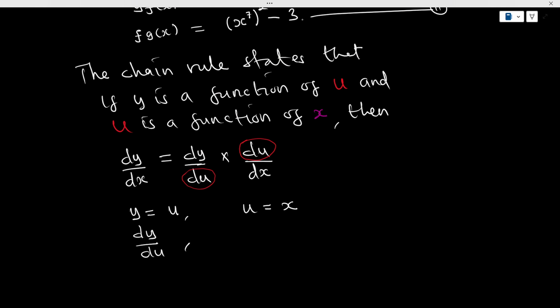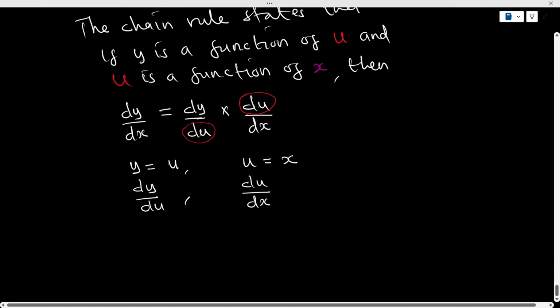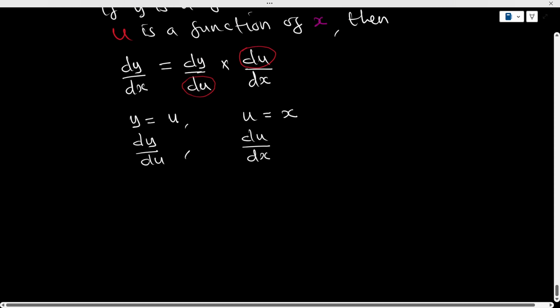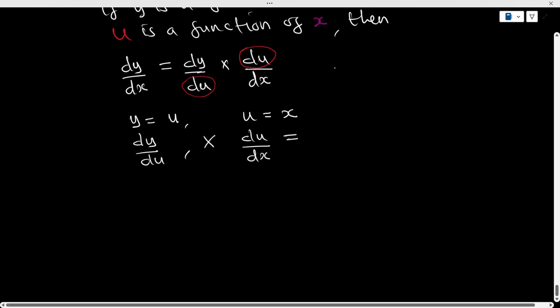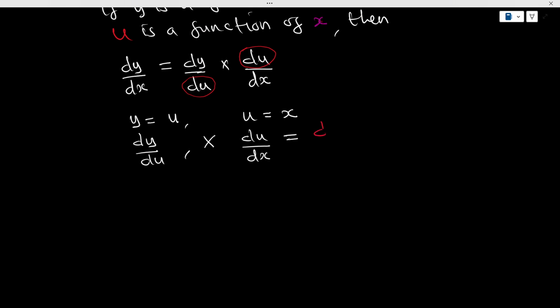The same thing here, you're going to get du over dx. That's what you're trying to do. So when we multiply these two together, we're going to end up with dy over dx.